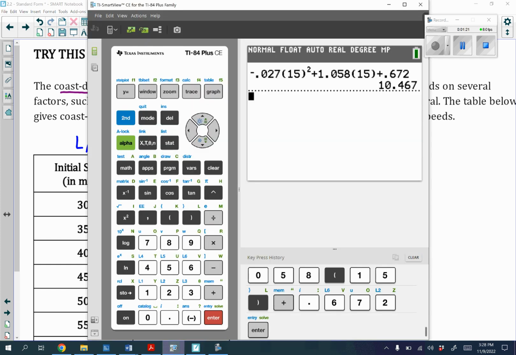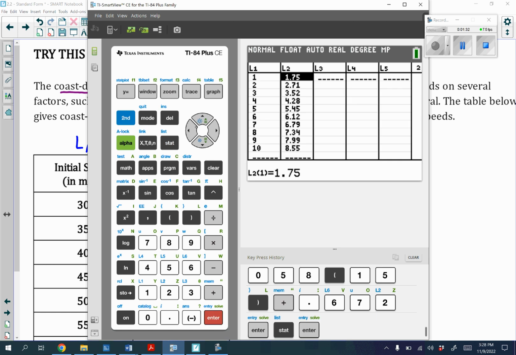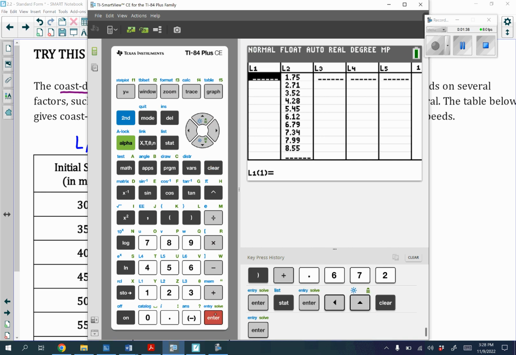I'm going to go a little bit faster here because we should know how to use our graphing calculator to do this. Remember, we go to Stat, then Edit, and press Enter. Now I highlight L1, press Clear, and Enter, and plug in all the L1 values. Don't forget, after each value, you press Enter.